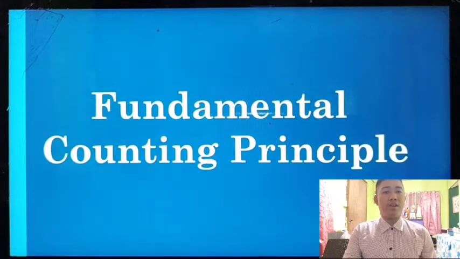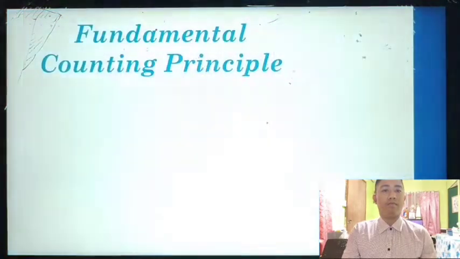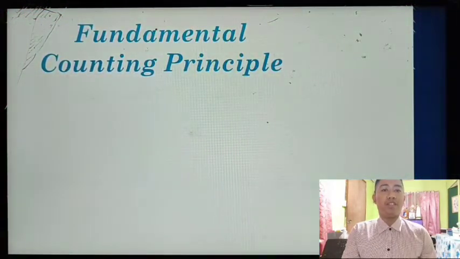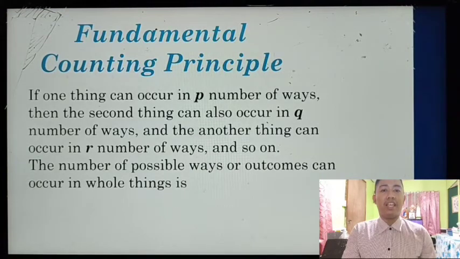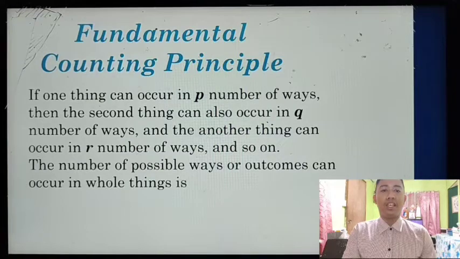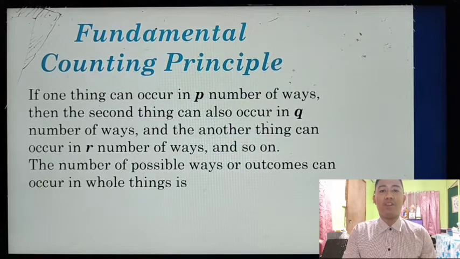Let us discuss all about the fundamental counting principle. So what is the fundamental counting principle? It states that if one thing can occur in P number of ways, then the second thing can occur in Q number of ways, and another thing can occur in R number of ways, and so on.